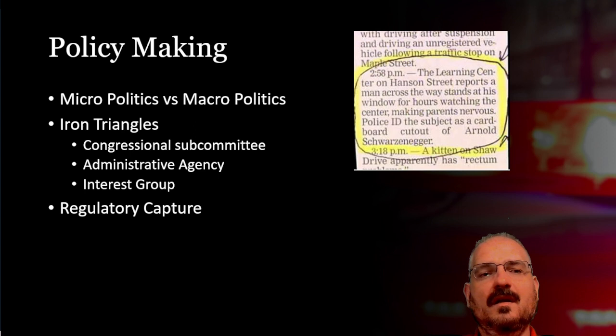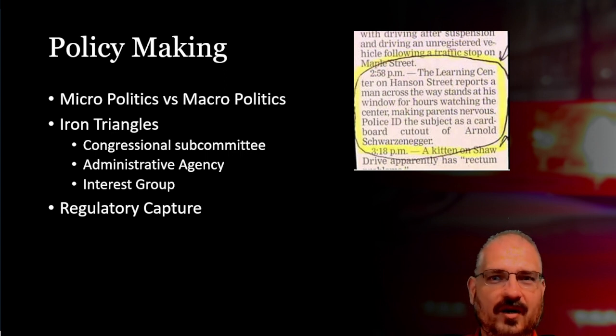Now, we're also going to have to make a distinction between micropolitics and macropolitics. So micropolitics is politics that impacts one small geographic area or one small group of people or a very small group of companies or whatever. These usually fly under the radar, so to speak.